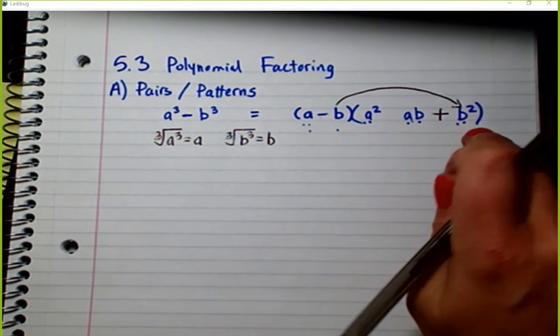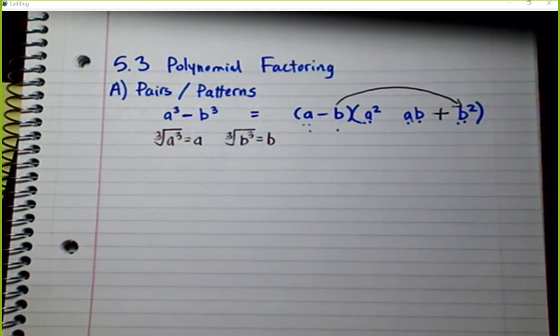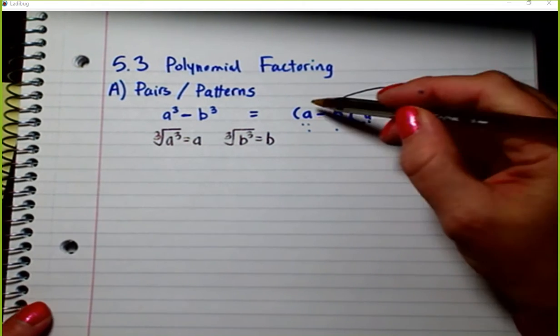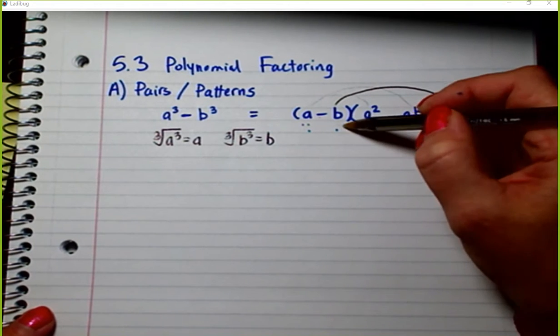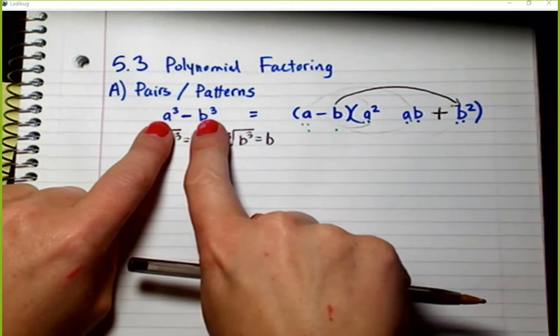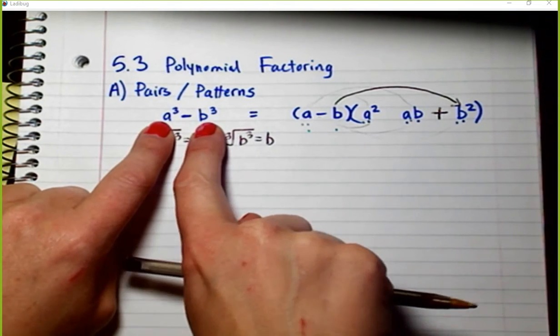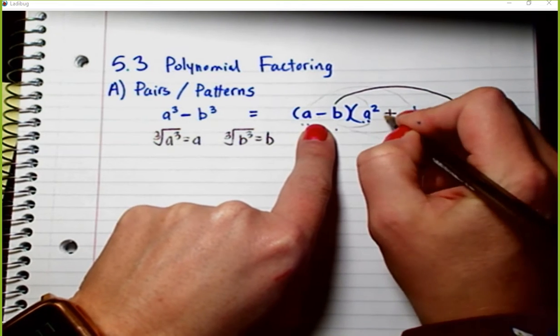And so this one is going to be a positive b squared. Now, when I am multiplying all of this out, if I were to continue to FOIL and distribute, I would need these things to cancel out so that I am left with a cubed and b cubed. And so this sign here is going to be opposite.